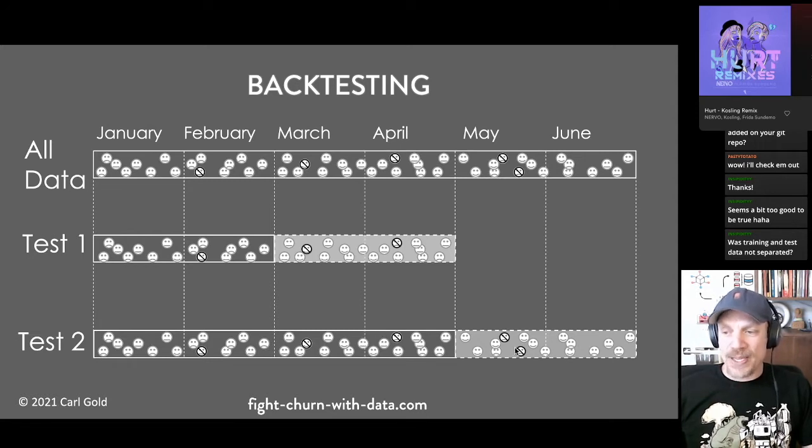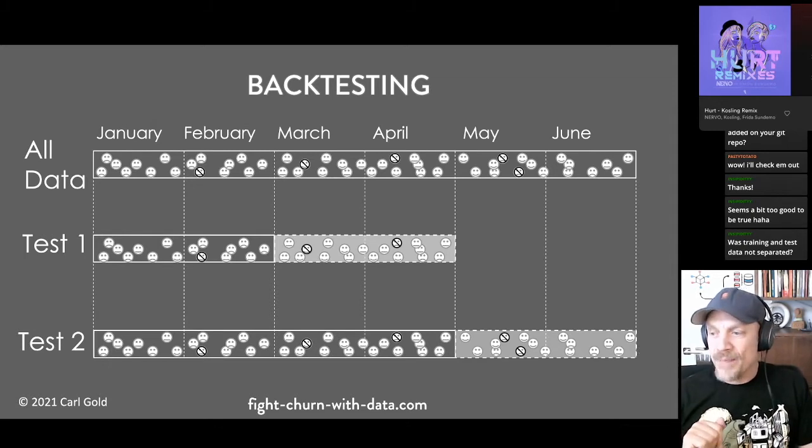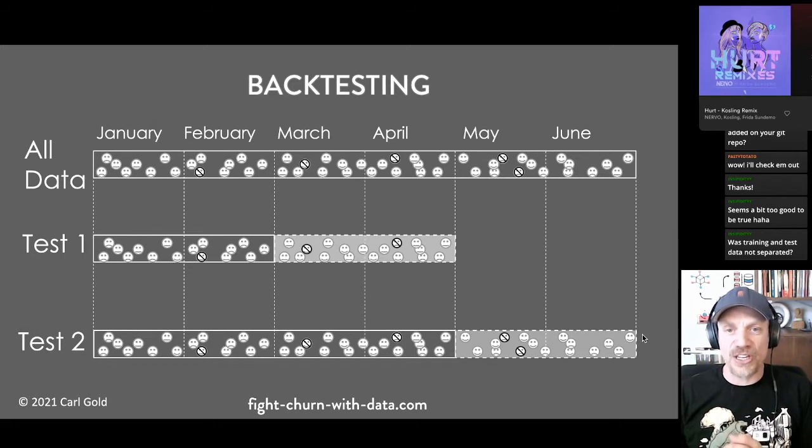And then we're going to test the model on May and June. So you do like a rolling window of testing where you historically simulate what would have happened if I trained my model at the beginning of March and then used it in March and April. And then you pretend that you refit your model at the end of April and used it in May and June. And that is the backtesting procedure.